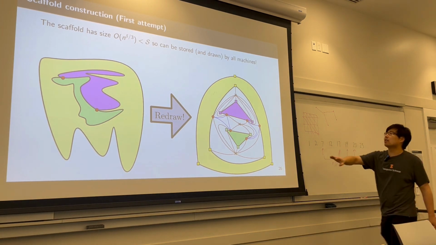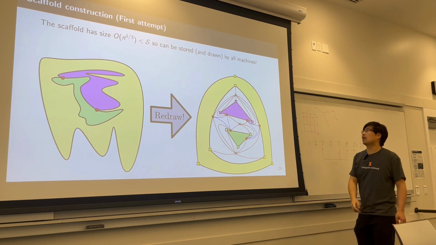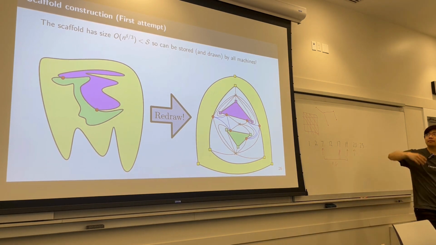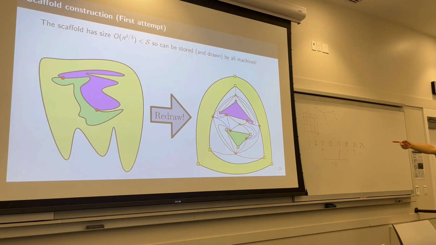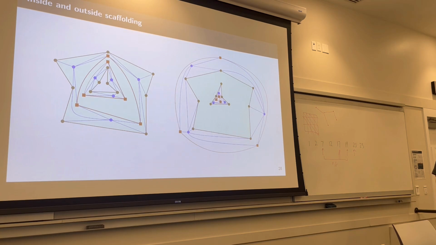And if you just draw this as a planar graph with straight lines, then you can store this all on one machine and then do all this routing in parallel, like I said before. There's some technical issues. Faces aren't triangles, but you can construct scaffolds like this on the inside and the outside to make things triangular.